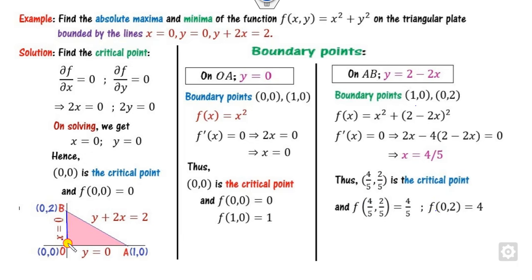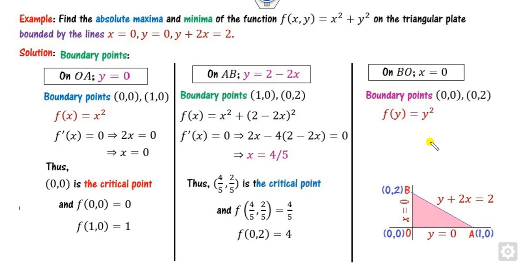Look at the line segment BO. On this line segment x is 0, given. These are my boundary points. Substitute this value in the given function. We get f of y squared. Take the derivative with respect to y and set it to 0, and we get y is equal to 0. So what is the critical point? x is 0, y is 0 is the critical point.